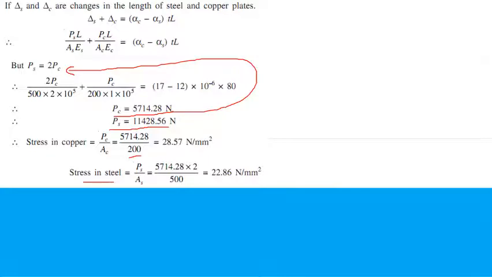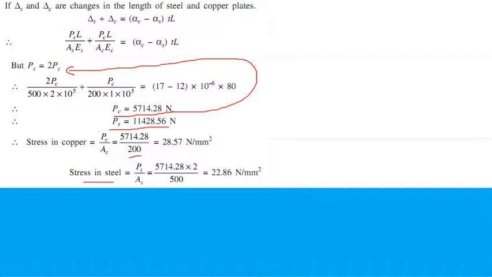Next for the steel, sigma S is equal to load on steel divided by area of steel. Load on steel is 5714.28 into 2 divided by 500, because we have considered the PC value here, or else we can directly take the PS value 11428.56 divided by 500.